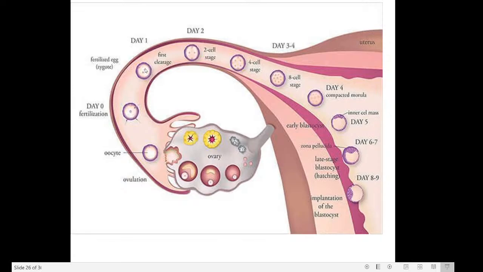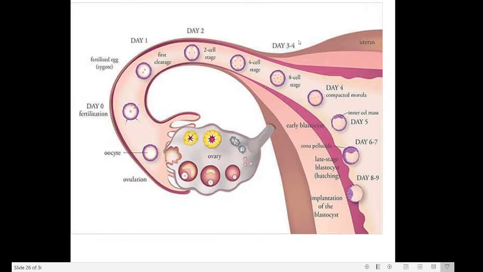Then on the second day it is at the 2 cell stage. On the 3rd and 4th day it makes a 4 cell stage and 8 cell stage.